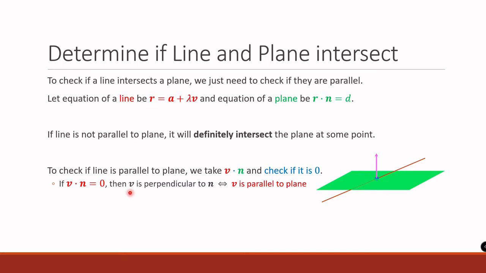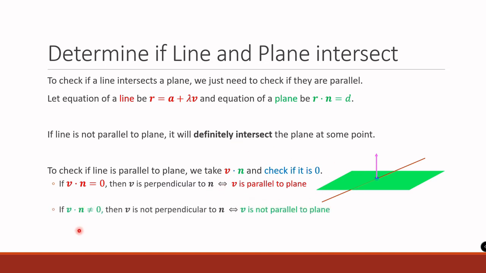So if the direction vector of the line is perpendicular to the normal, that means it will be parallel to the plane, right? You see that? So that's how we can conclude.